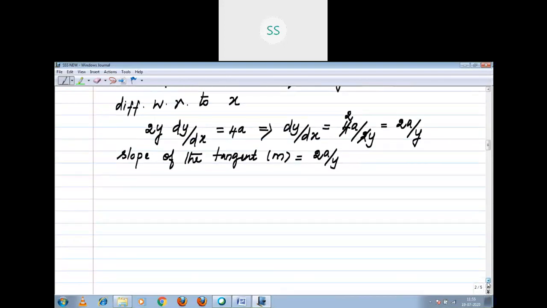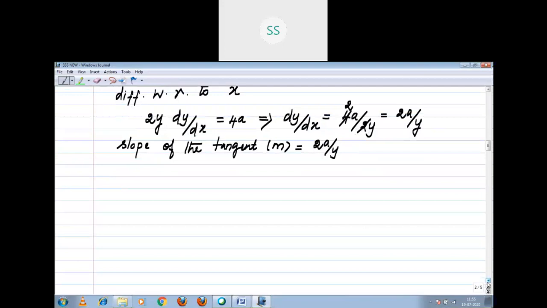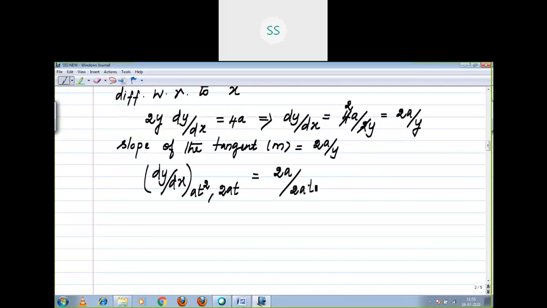Now I am going to substitute in the slope of the tangent, dy by dx, at (at², 2at), equal to 2a divided by y, which can be replaced by 2at. So 2a cancels, and you get 1 by t.